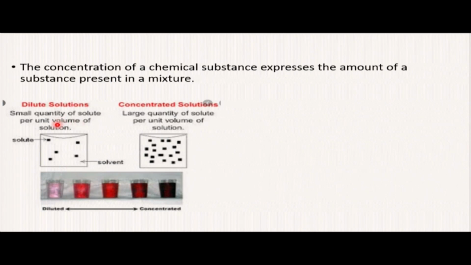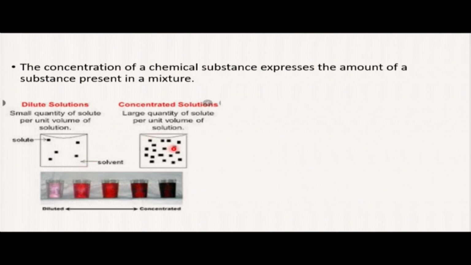That means we are saying small quantity of the solute per unit volume. So the volume is too high compared to the sugar if you are using water. So the sugar you have put there is much smaller compared to the water in there. So we call it a dilute solution.